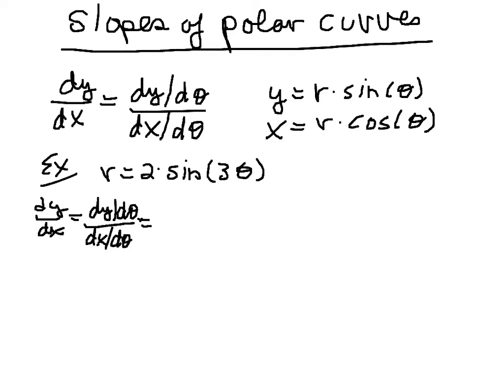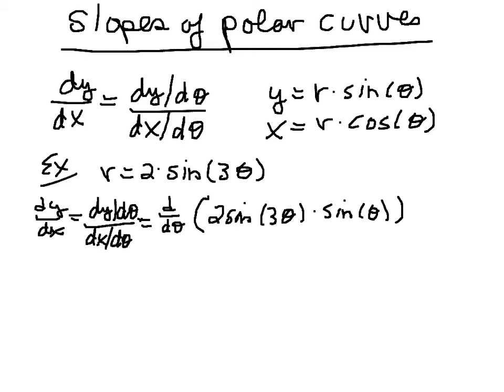Now, dy d theta is the derivative of r times the sine of theta. So that's going to equal the derivative with respect to theta of r, there's r, times the sine of theta, all over the derivative with respect to theta of x.